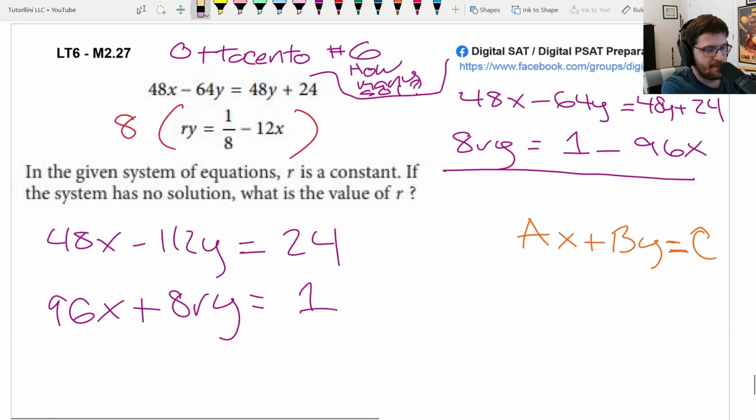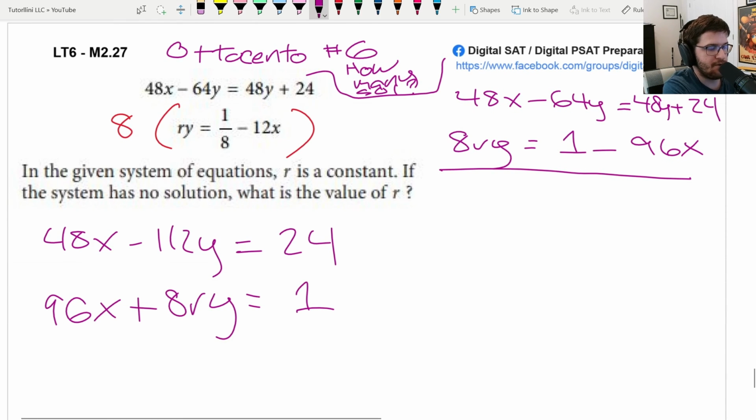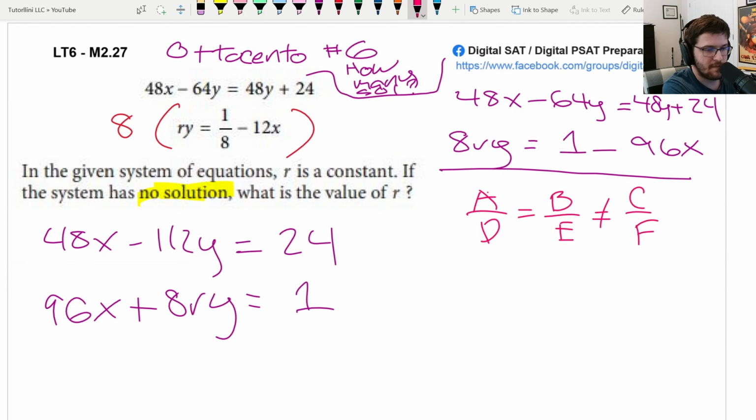And now I am ready to use the equation that we went over in the previous video. This question says we have no solution. So the equation we talked about for no solution is a over d equals b over e, which is not equal to c over f.